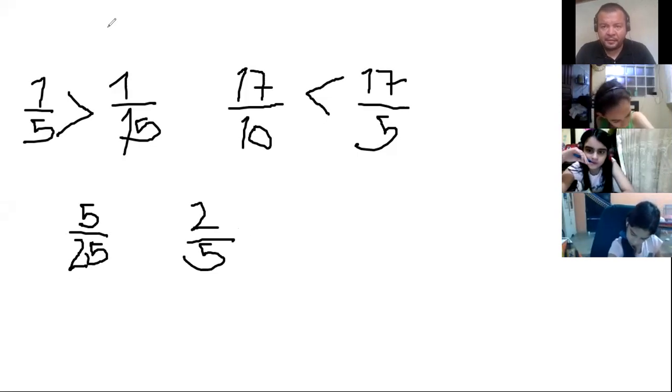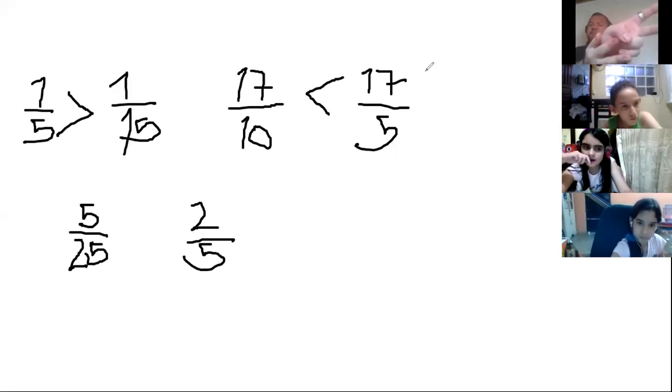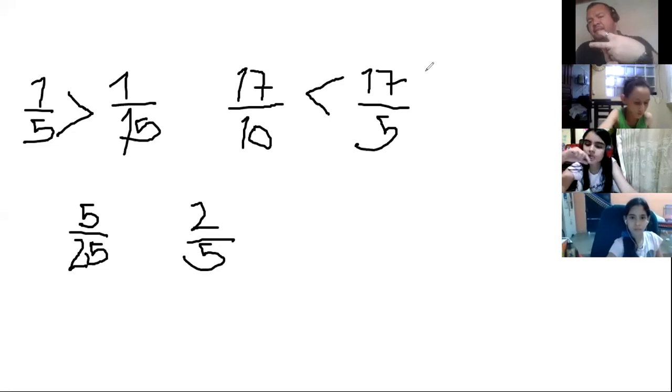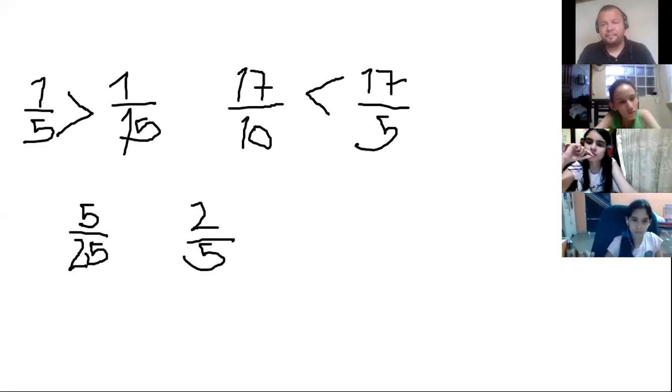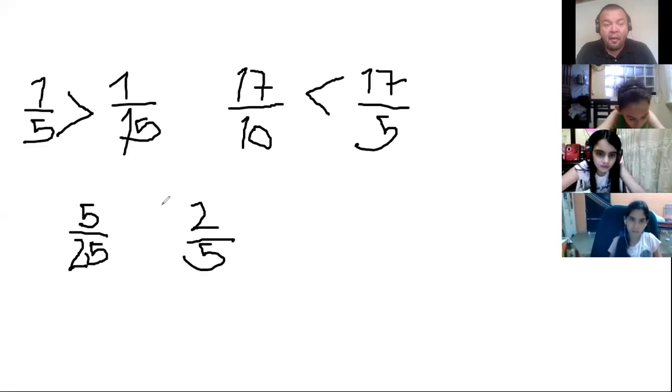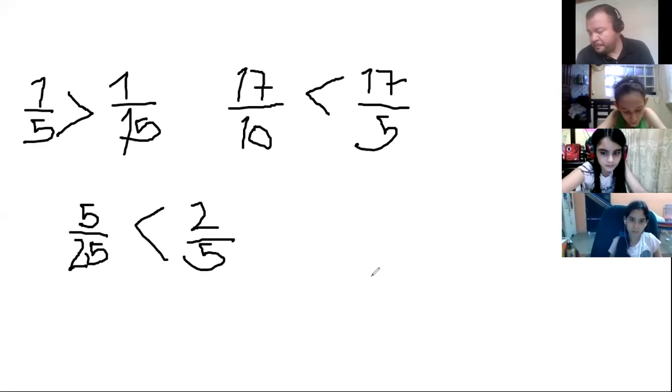What is the answer? 5/25 is less than 2/5.